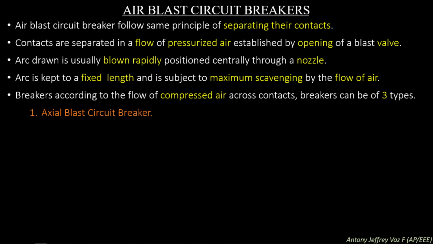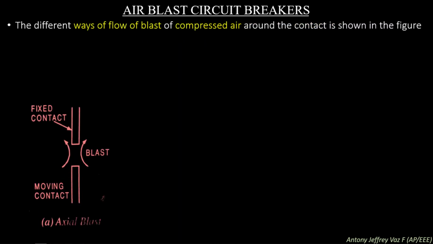The three methods are used for flow of compressed air. First method is axial blast circuit breaker, second is radial blast circuit breaker, and third one is cross blast circuit breaker. We know there are three different ways for the flow of compressed air.